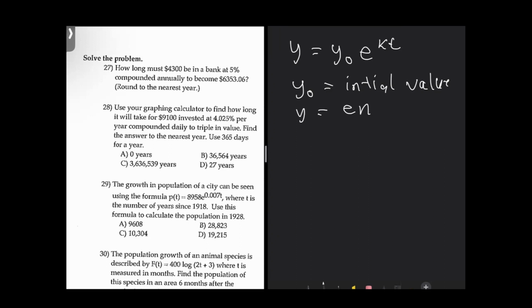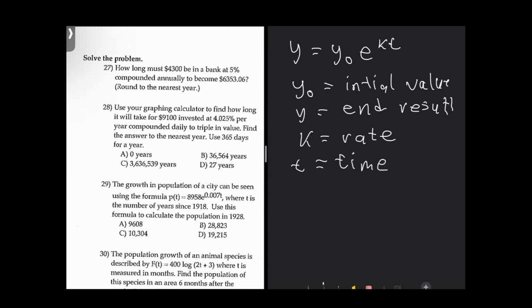If the equation is not given to you, generally speaking, it'll be y equals y0 e to the kt, where y0 will be the initial value, y will be the end result, k is sometimes the rate or the percentage, and t will be the time.